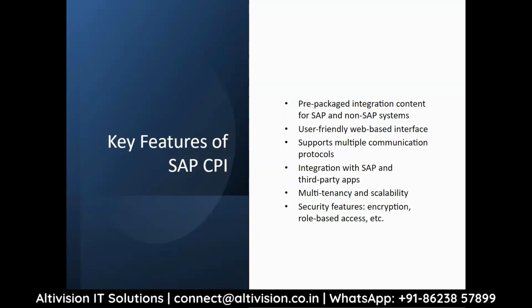Suppose when you are testing that iFlow in quality and you find some defects. You would not change it directly in the quality tenant. You first go to your development tenant, resolve that defect there, and then import the iFlow again into your quality tenant.